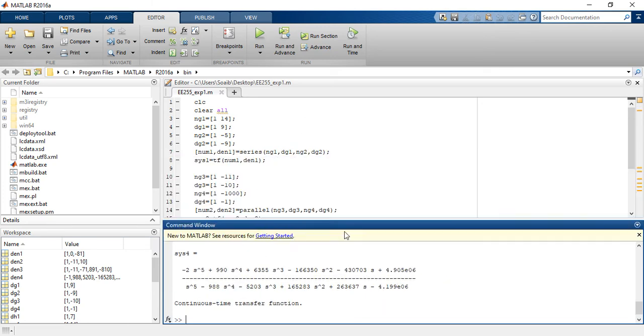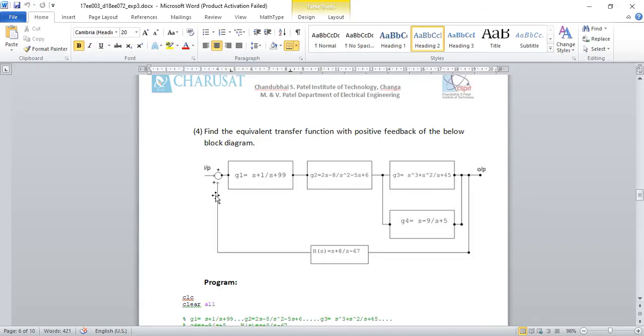This is for a positive feedback control system, that means the sign of the error detector or the feedback is positive.